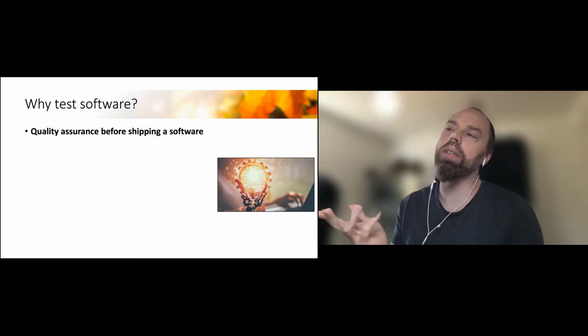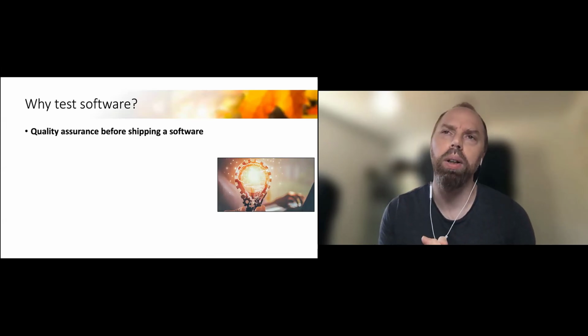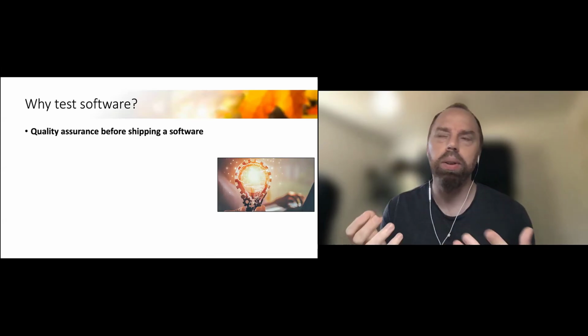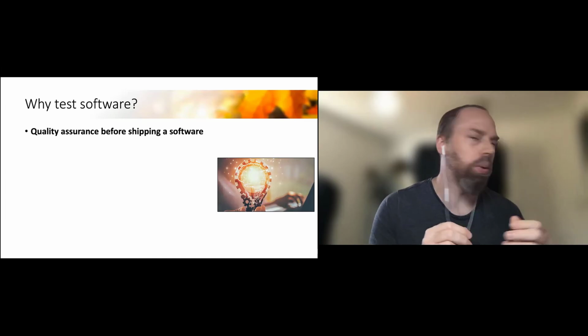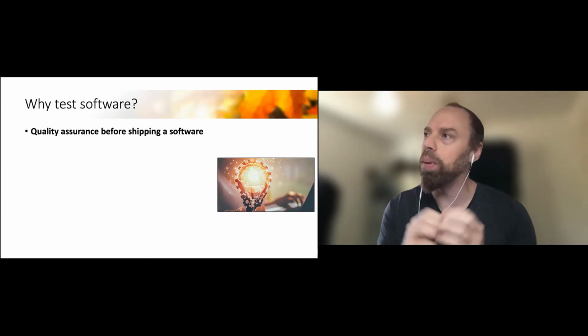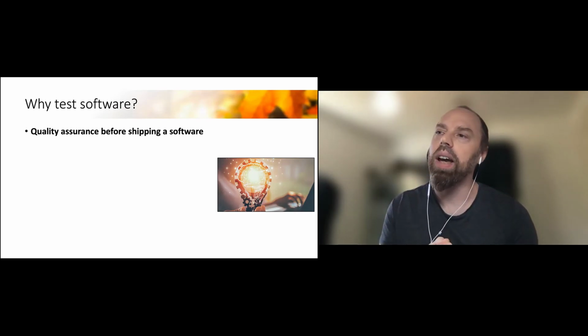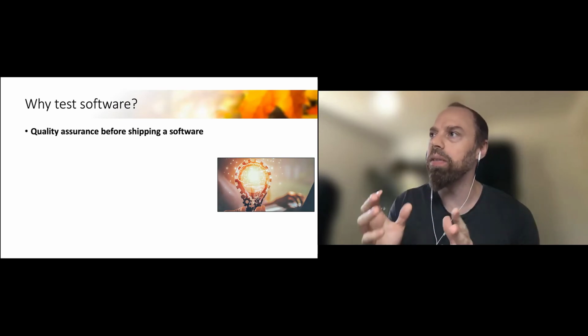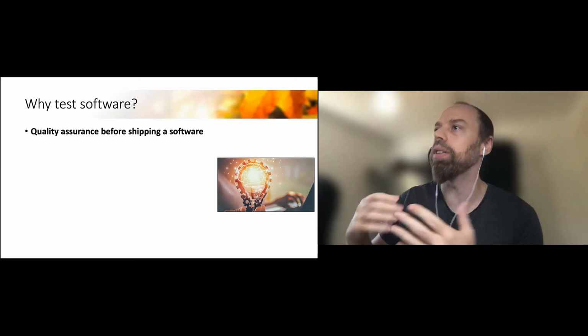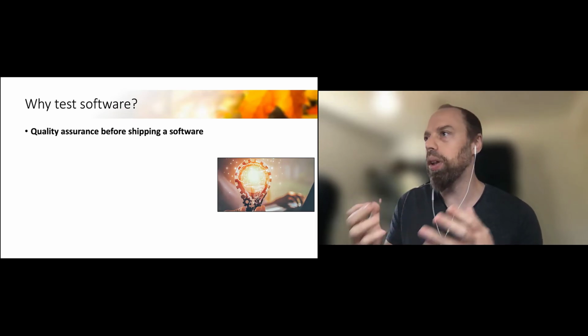But the question is then, why are we testing? What do we test and why do we test? Well, the main idea with software testing is that we do quality assurance of our software system before it's shipped. We want to verify that the software that we've developed adheres to both its functional and non-functional requirements. And we can do this in different ways.